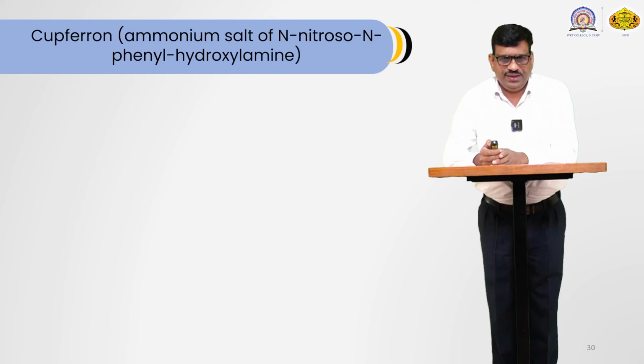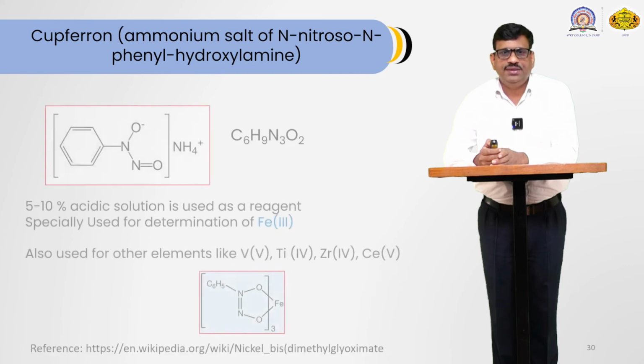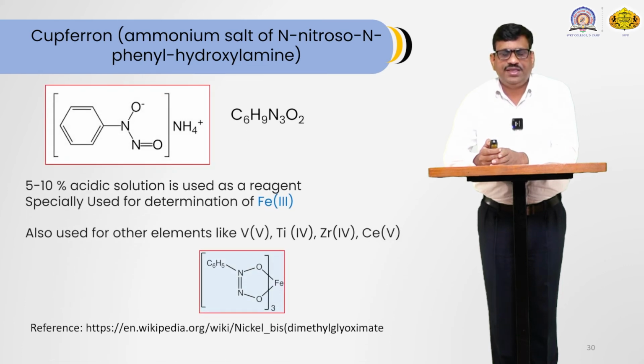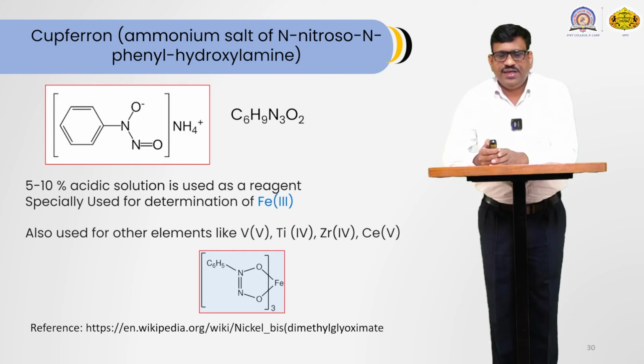Another reagent that is used in gravimetry is Cupferron, the ammonium salt of N-nitroso N-phenyl hydroxylamine, and it is generally used for extraction of Fe3+. This is the structure, and its molecular formula is C6H9N3O2. A 5 to 10% acidic solution is used as a reagent. It is specially used for determination of Fe3+.